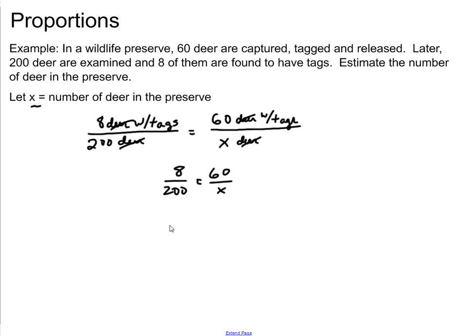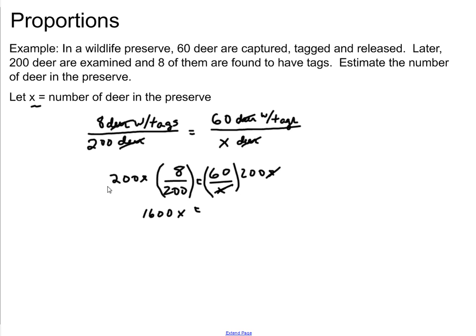And if we wanted to solve this equation, we could multiply both sides by 200x. Let's see, that's going to be 1600x is equal to, the x's cancel out here.